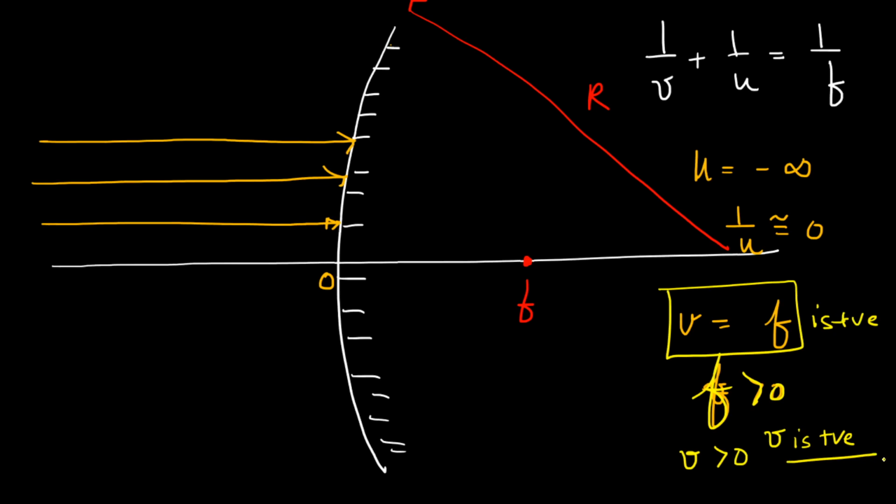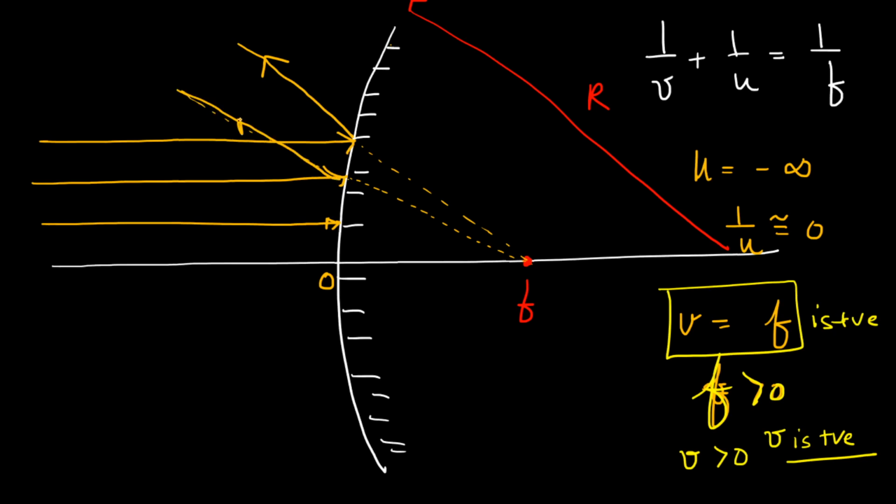Now what really happens is this. This time the rays are going to get reflected. And basically what the formula is saying is that this is what is going to happen. I'll convince you of this in a minute. What does this mean if this is true?